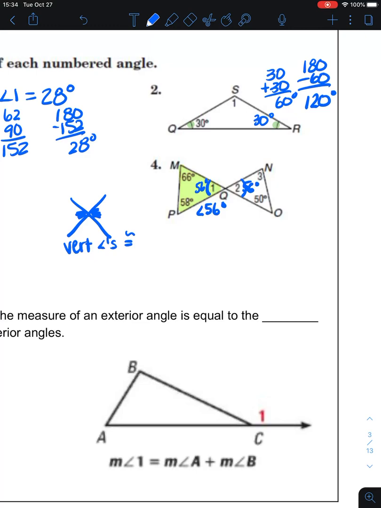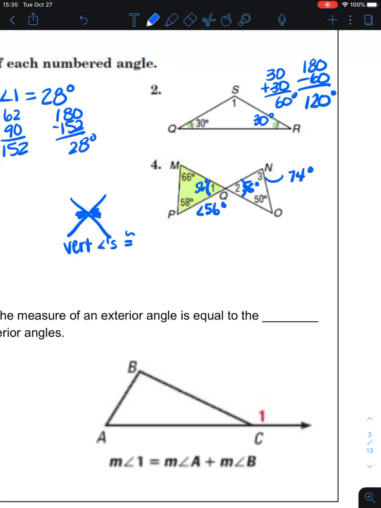Well, if angle 1 is 56 degrees, then angle 2 is also 56 degrees. And I need angle 2 because I have to find angle 3. So angle 2 is 56 degrees, so then you can add 56 degrees and 50 degrees, add those up and subtract it from 180, and you can find out that angle 3 is 74 degrees.